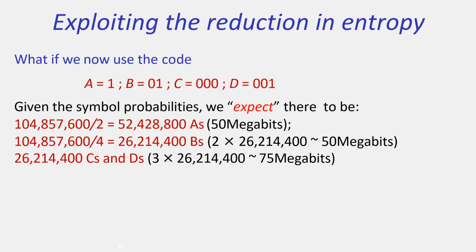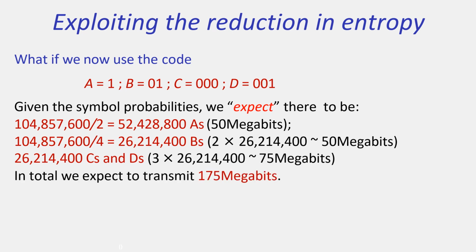So now, to send our 100 megabits of data, we don't expect to take 200 megabits. We expect to transmit 175 megabits. So we have an overall saving on the amount of data transmitted.